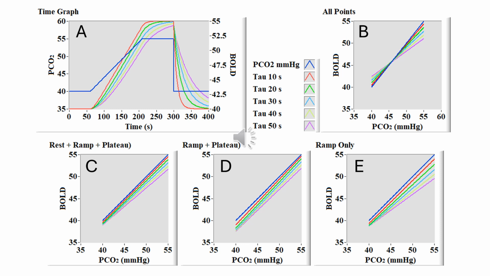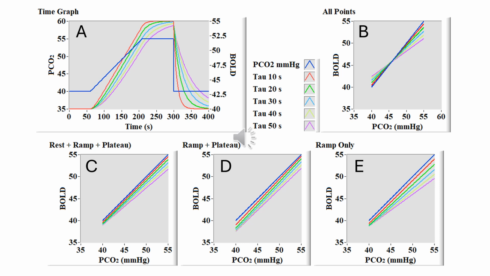Graph B uses the complete time course from 0 to 400 seconds. Graph C uses points from the initial rest portion, the ramp portion, and the plateau portion from 0 to 300 seconds. Graph D uses points from the ramp portion and the plateau from 60 to 300 seconds.